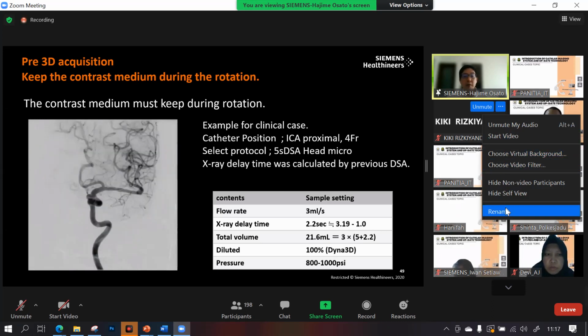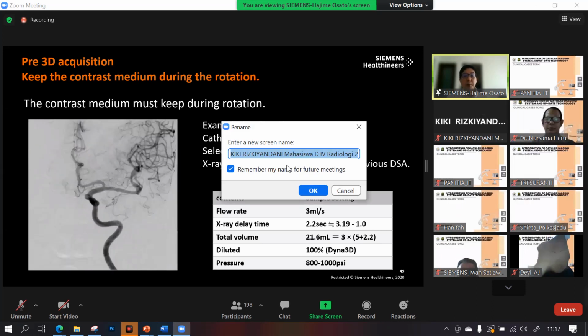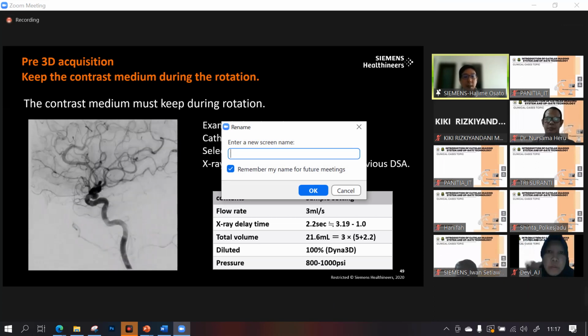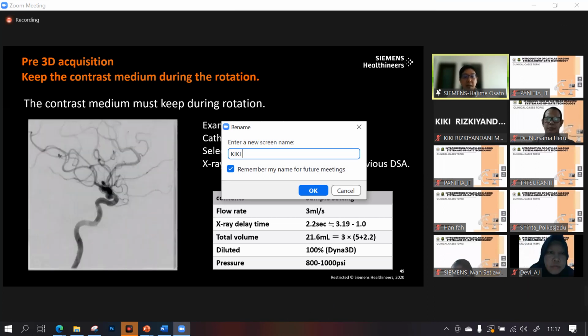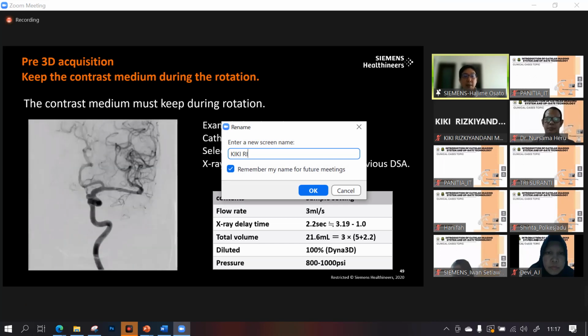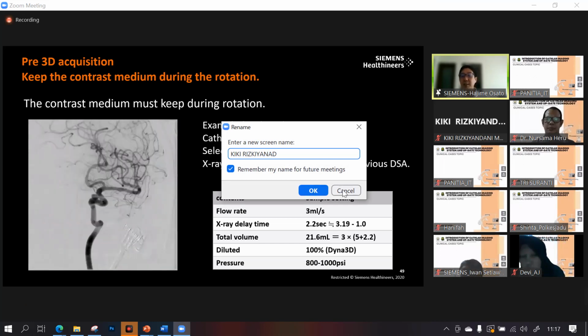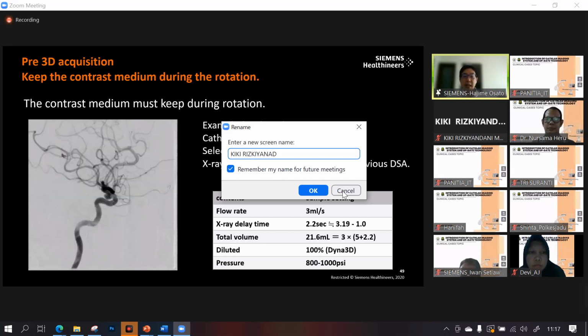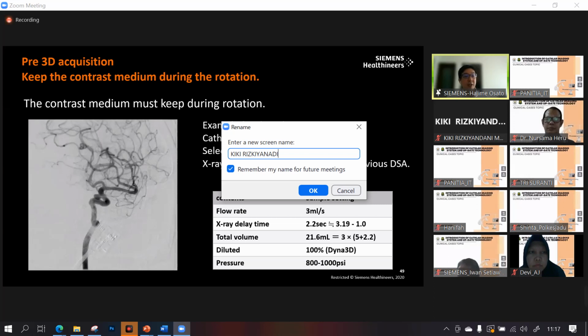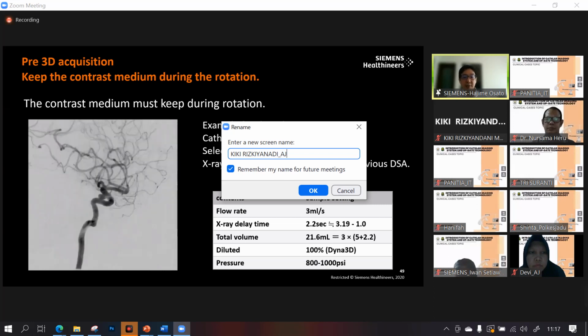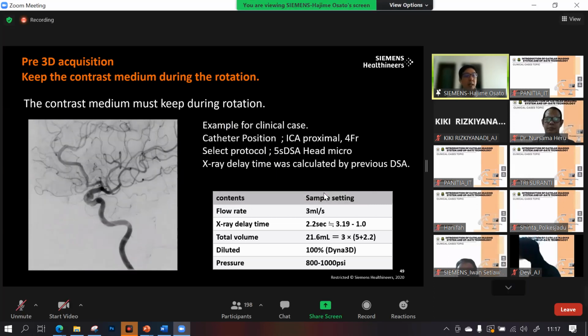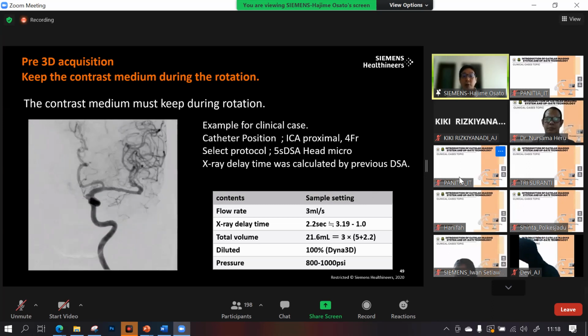For example, the catheter position was proximal ICA with a 4 French size. The flow rate was set at 3 milliliters per second, and the delay time was 2.2 seconds. Delay time means the time for contrast medium to reach the target from the catheter tip. It is calculated from the previous control DSA acquisition.